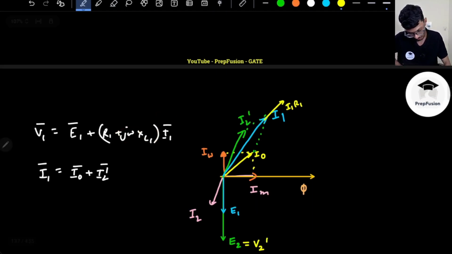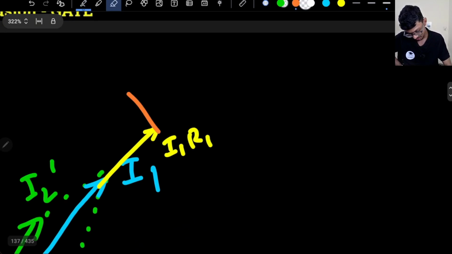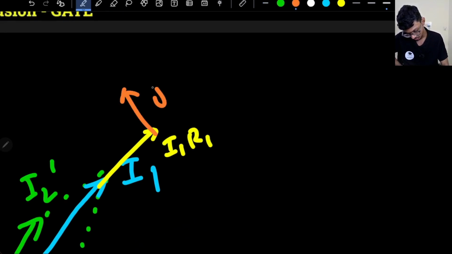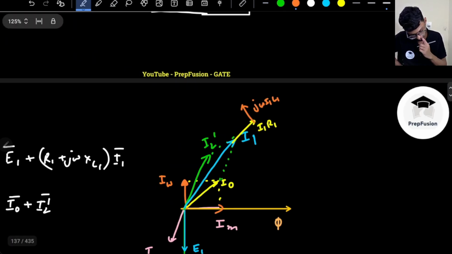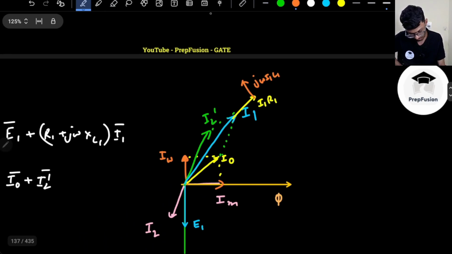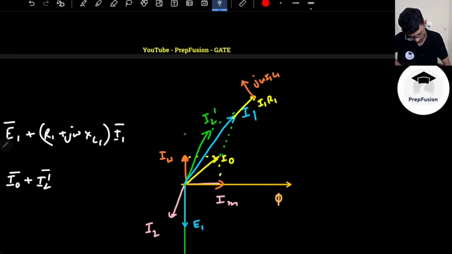So this will be the drop across the leakage reactance, which will be j omega L1 into I1. And although I have shown it here, originally E1 is somewhere here. So V1 will be the sum of these two drops and this E1, correct?